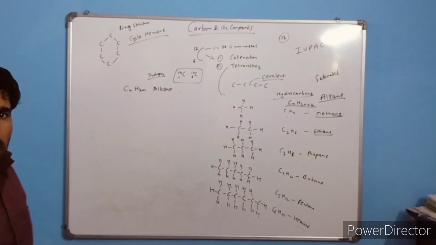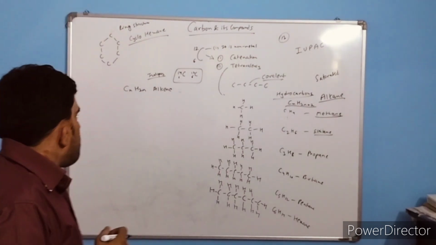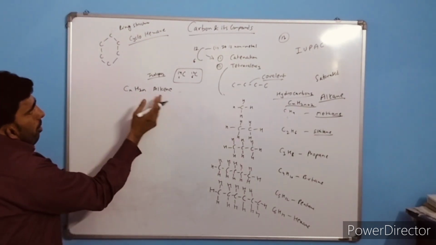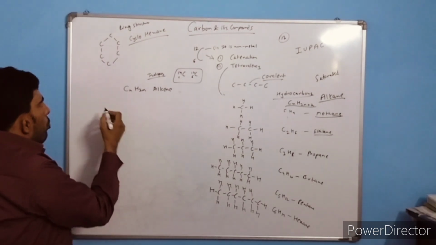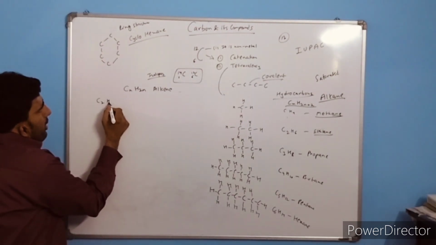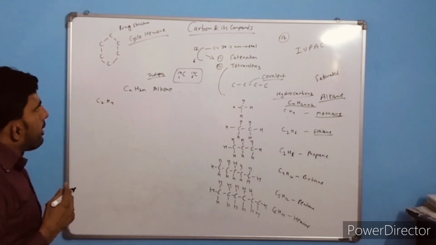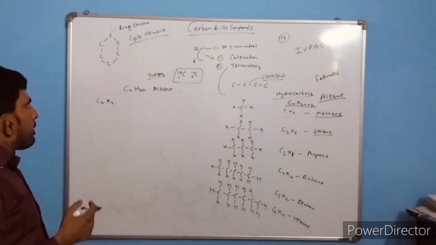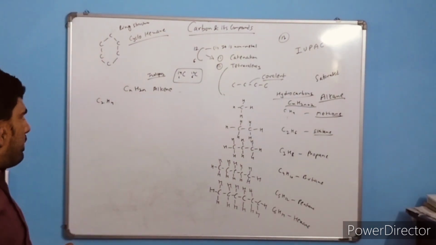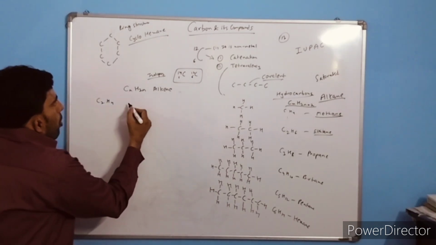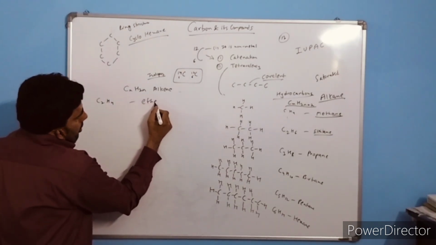What are they called? Alkenes. Now, if I say one will not be possible, so take 2. C2H4. So C2H4 means that it's called ethene.